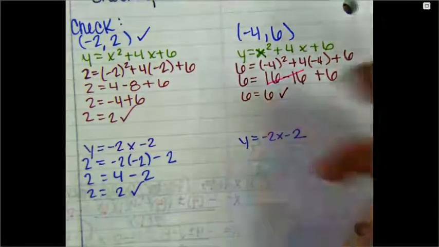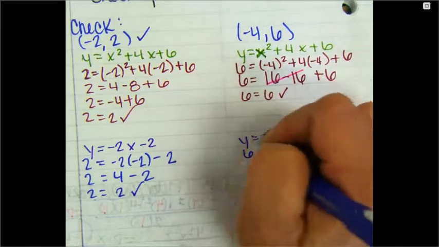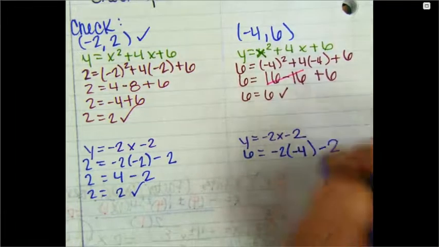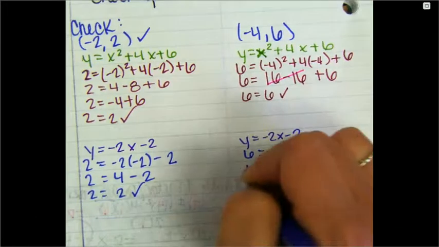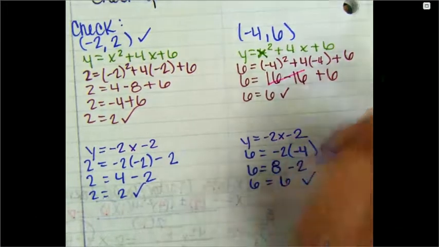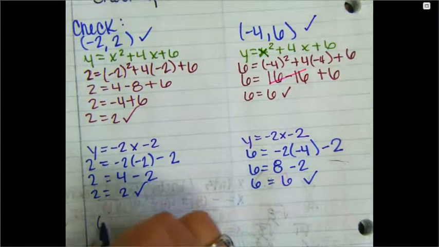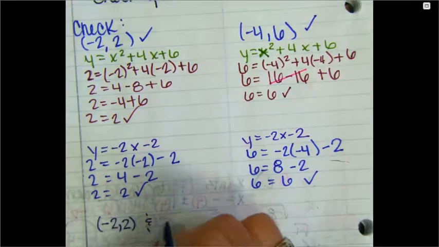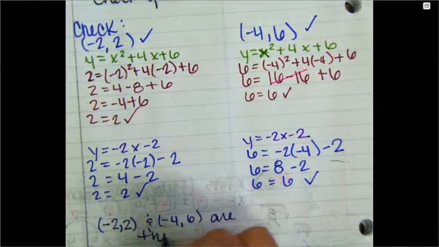The next one, we're going to go ahead and plug in what number? 6 equals -2 times -4 minus 2. What's -2 times -4? 8, minus 2 is 6. It works. So then you're going to end your problem with a sentence that says what? -2, 2 and -4, 6 are the solutions.